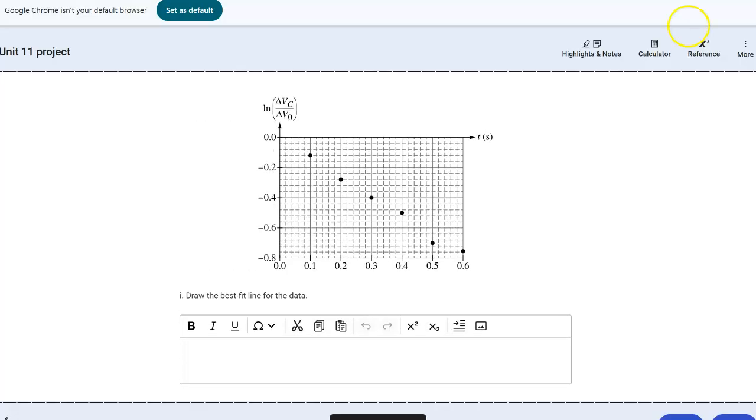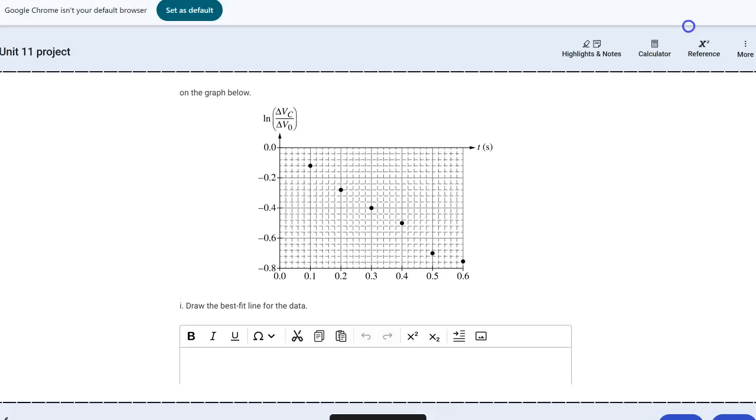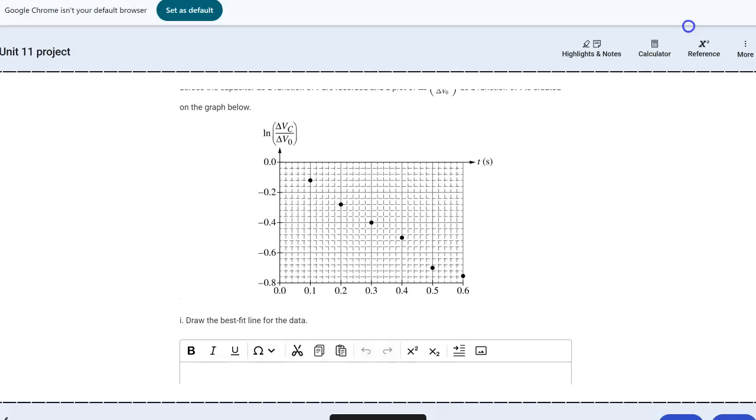We can calculate slope using the best fit line, using points on there, but here let's just use data points.